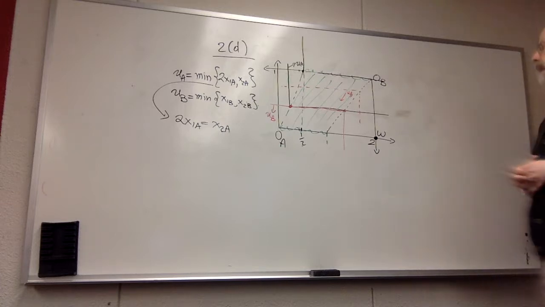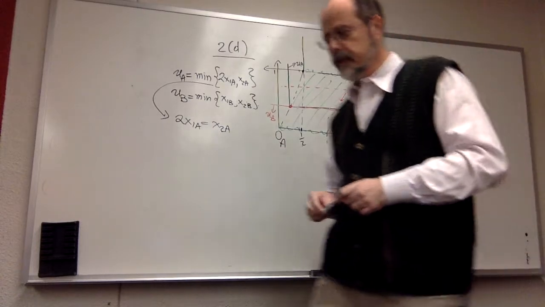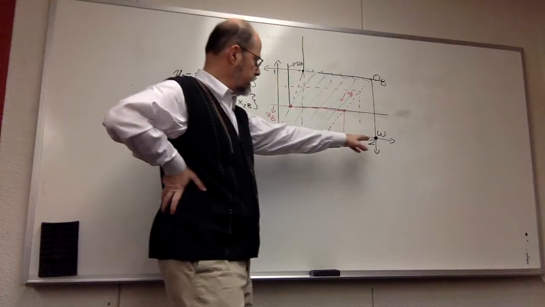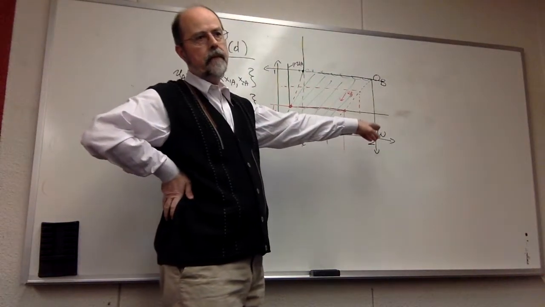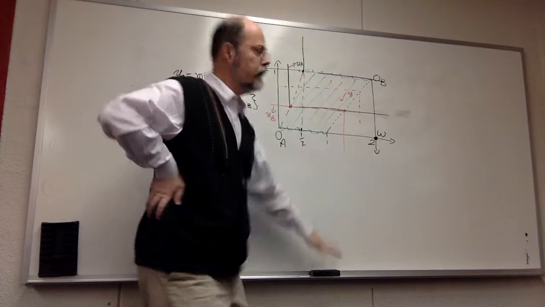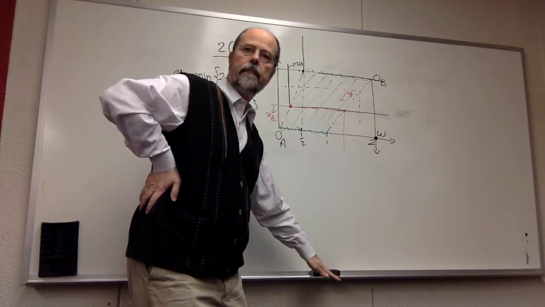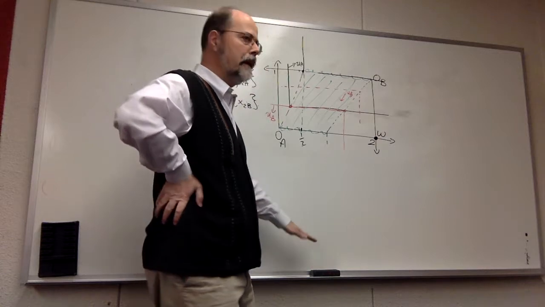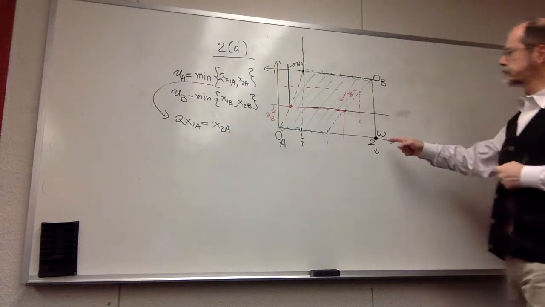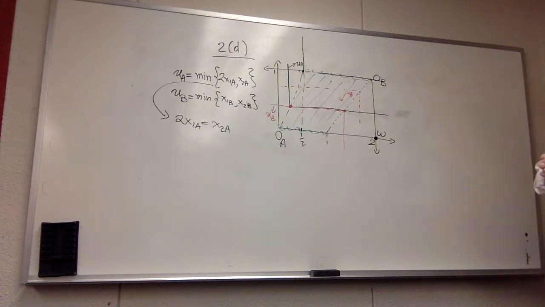Now, how about allocations that make everybody at least as well off as the endowment? For those, I recognize in this particular problem, here's my endowment. From the point of view of person B, I need to be in that direction, right? Because what is the indifference curve that passes through this point?